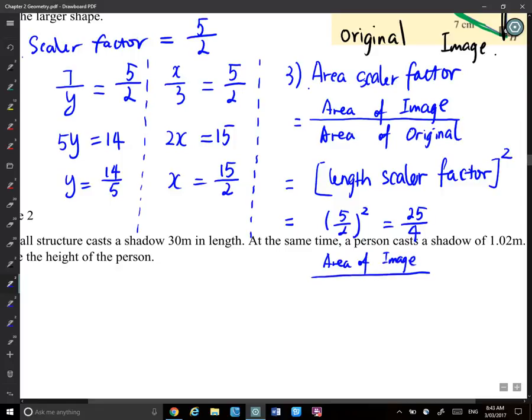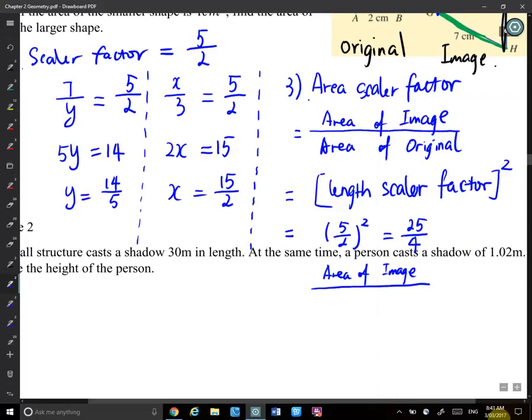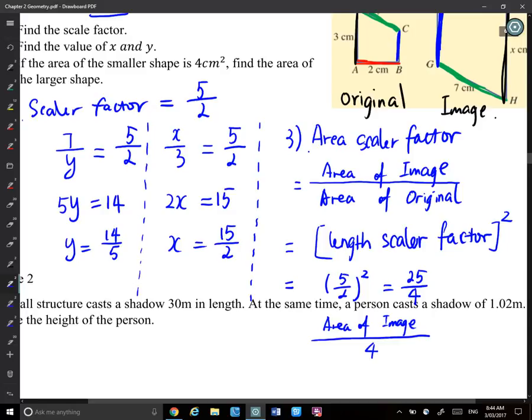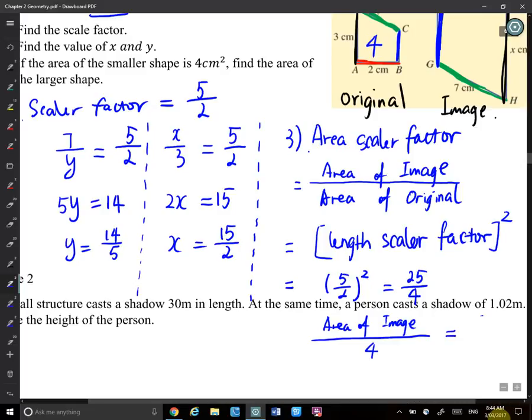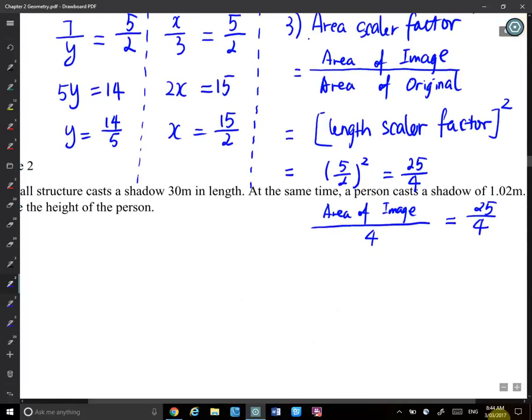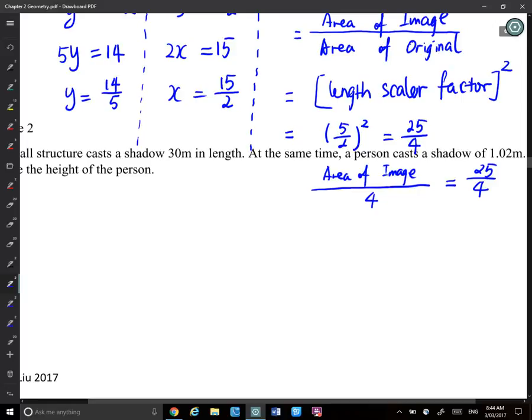It tells you the smaller shape has an area of 4. So the area of the image over 4 equals, that should give you a proportion of 25/4.